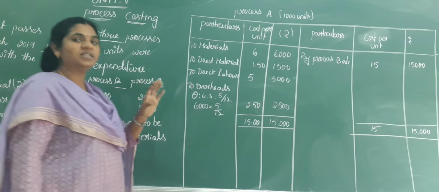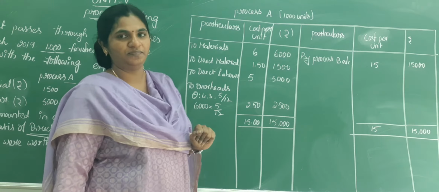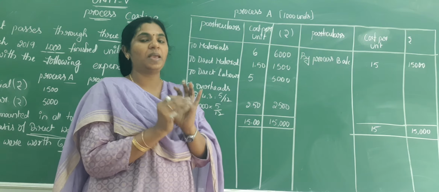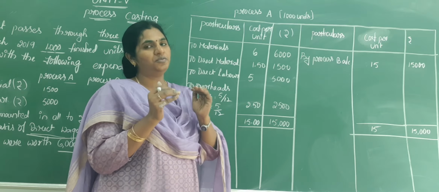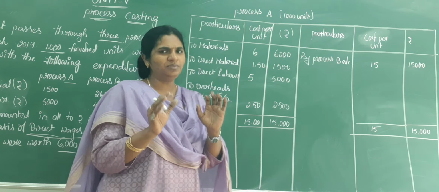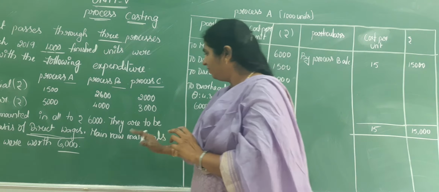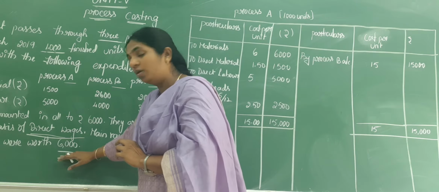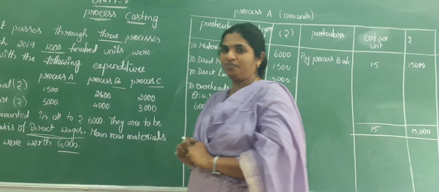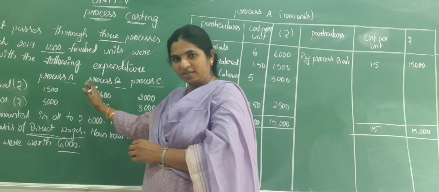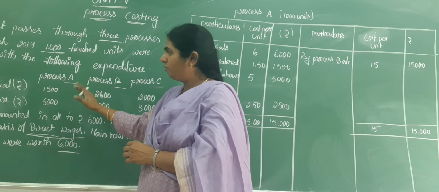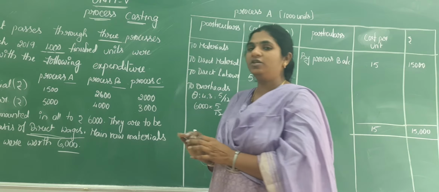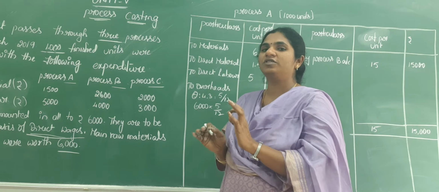So we need to take 1000 units as finished units and calculate the total cost per unit under process A. They have also stated that the raw material used for process A is worth 6,000 rupees. So we are provided with the material and the direct labor.